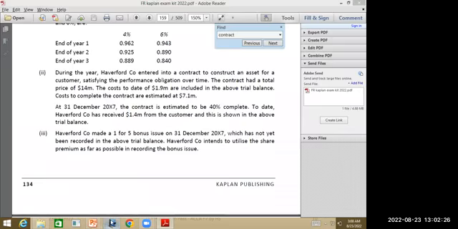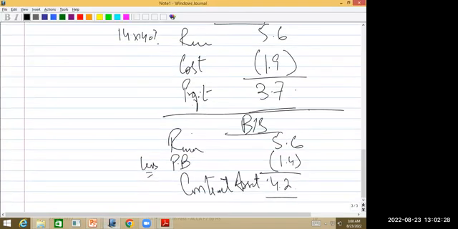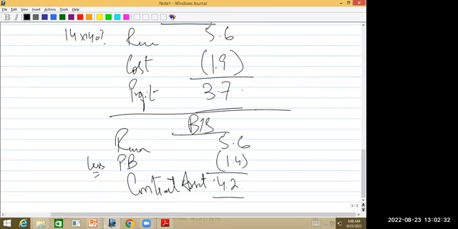Solution. Is it clear now? Only the percentage will be applied to calculate the revenue.